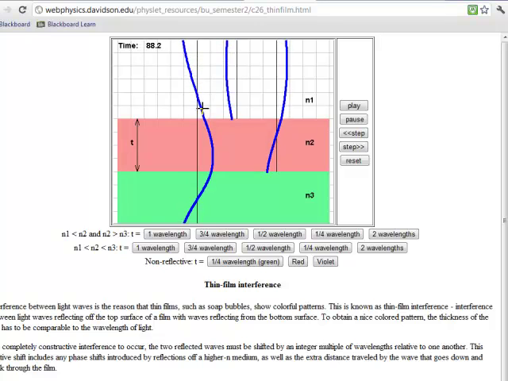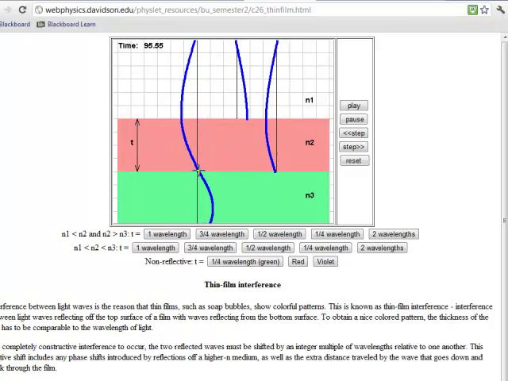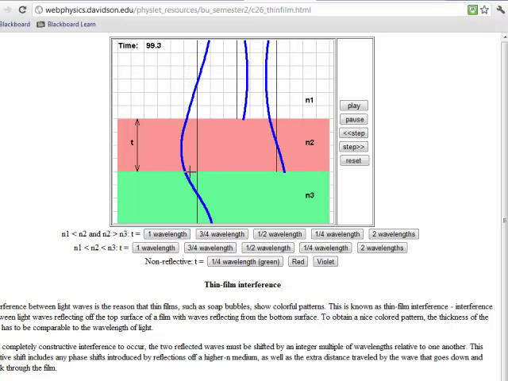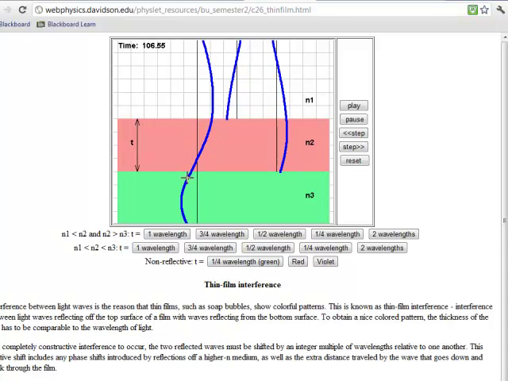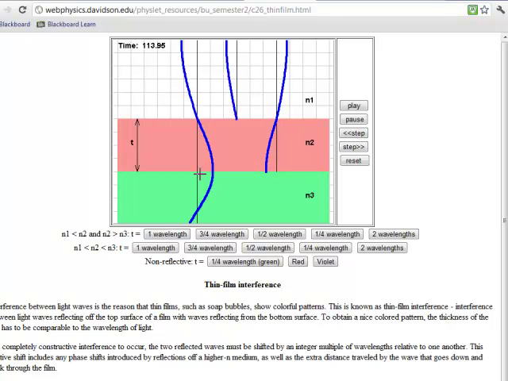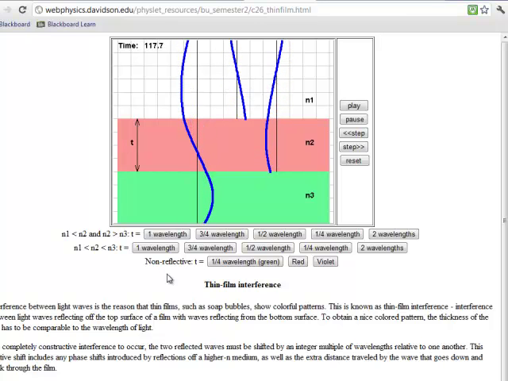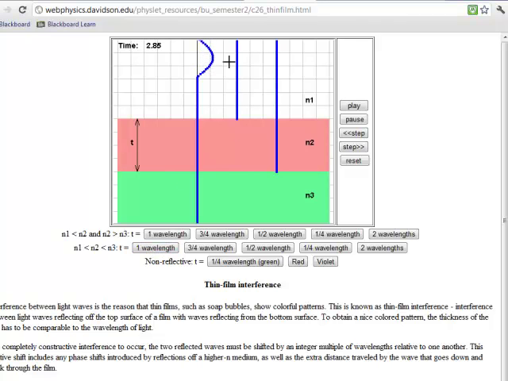This here would be the wavelength in air, long wavelength, and then because of the index of refraction changing, that wavelength in the thin film changes dramatically. For example, for soap film, which is mostly water, it would reduce itself by a factor of 1.33. We can see that even a little better if I change this here to 1 wavelength, and you can see, okay, here's a long wavelength, and now it becomes a quite short wavelength once it goes in there.